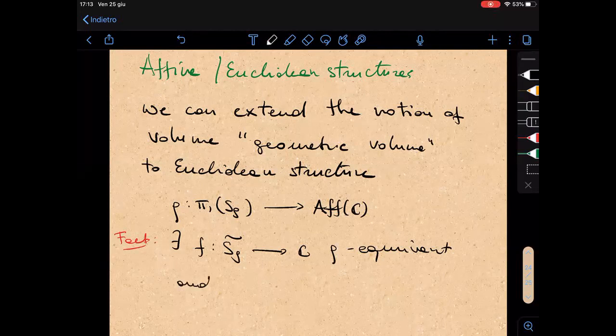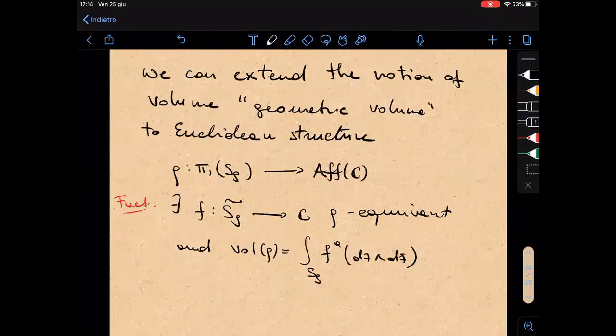And the volume of rho is just defined as the integral over S_g of the pullback of dz wedge d z-bar. This is just the generalization of the volume that I previously defined.